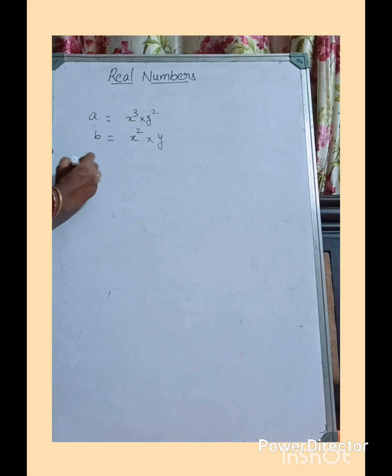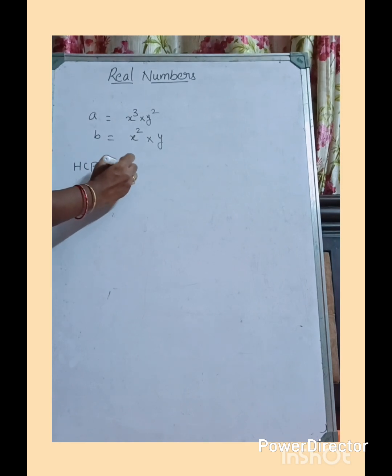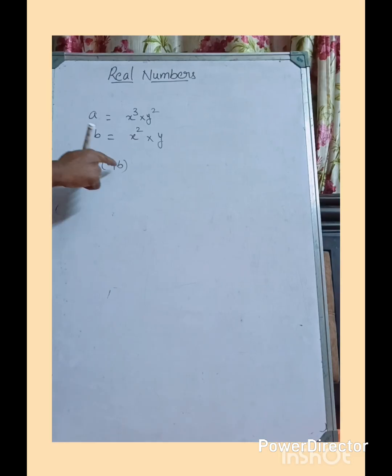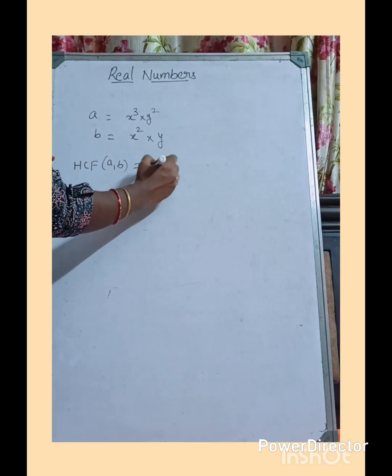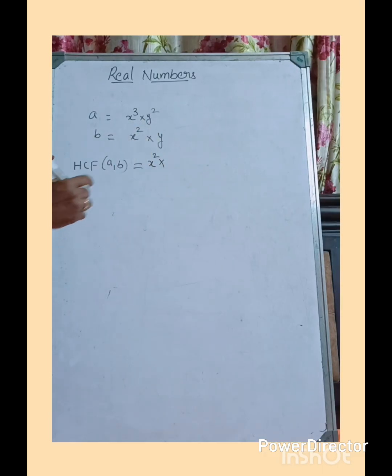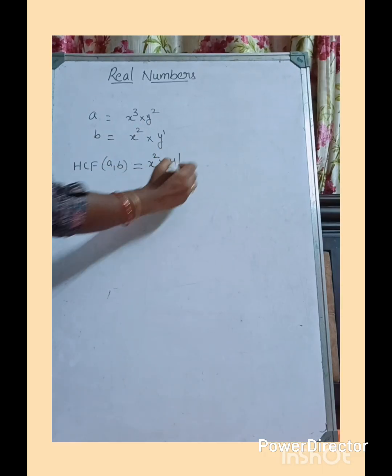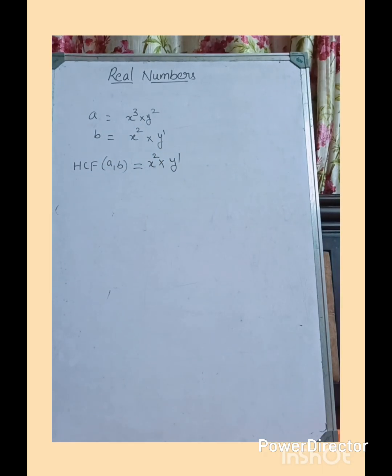Now HCF of A and B, as per our definition, HCF means we have to take the least powers. In x, which is the least power? x square. And in y's, which is the least power? y power 1. So the HCF of A and B is x square into y power 1.